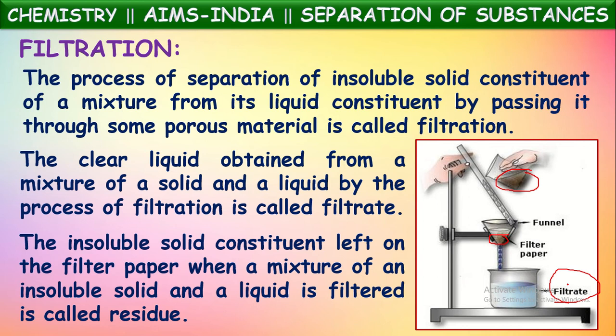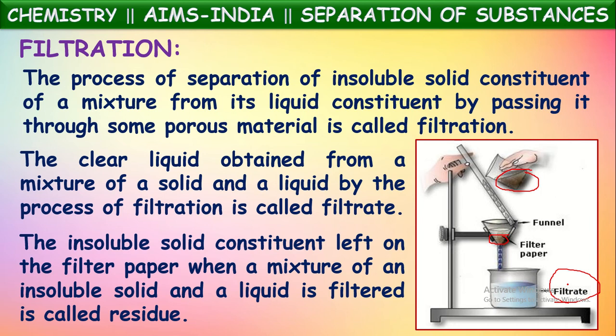Generally, we see the usage of this filtration process in our homes also. What do they do in the preparation of tea or coffee? They filter the decoction. They pass this decoction through a sieve or a cloth which has fine holes.